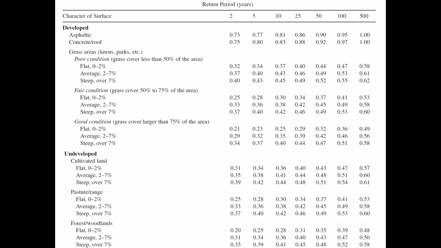So in the smaller storm, a greater fraction of the water is used up in saturating the ground or wetting the surface, compared to the larger storm, where there's more water and a smaller fraction of it is used to satisfy what's called initial abstraction, like surface wetting. It's what has to get wet before the water can really start to move.